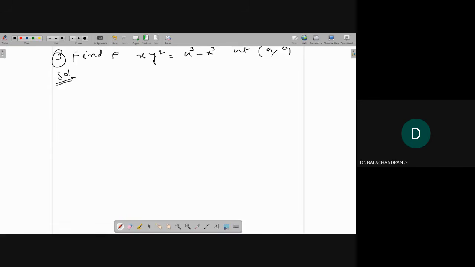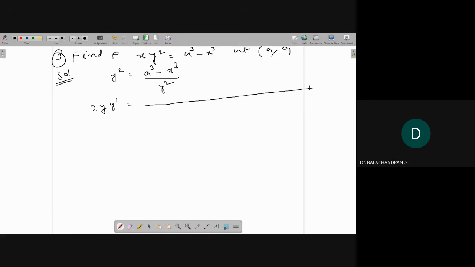Solution. So first you should write y in terms of x. Y square equal to a cube minus x cube divided by x. So now if you differentiate this with respect to x, you'll get 2y into y dash.